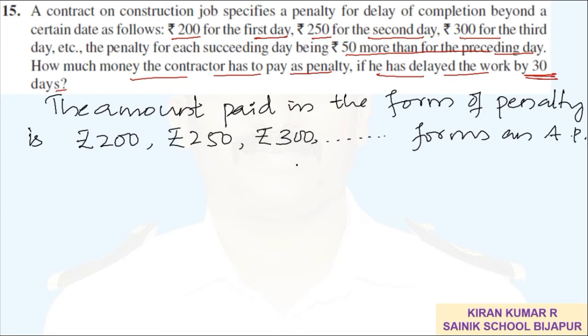For this arithmetic progression, they have asked what should be the amount paid at the end of 30 days. So we need to find S30, the sum of the money paid.